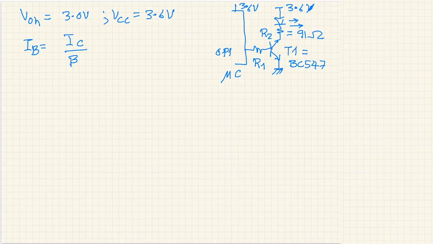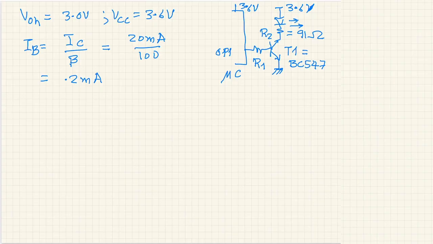BC547 is available in many varieties, and the simplest version of this transistor has a beta of about 100, and so our base current will be 20 milliampere divided by 100, which turns out to be 0.2 milliampere.